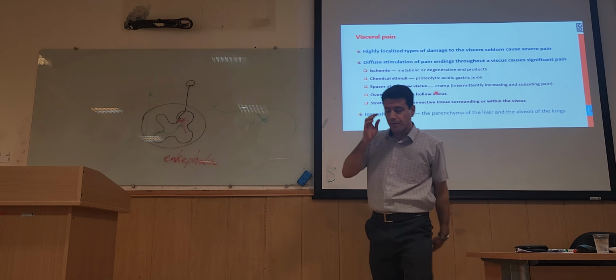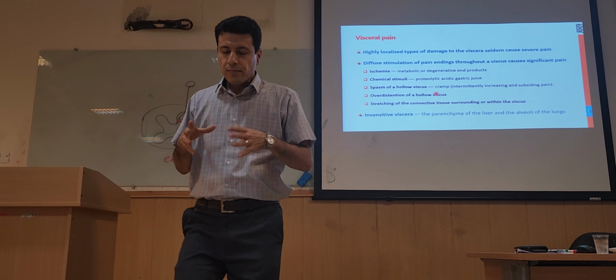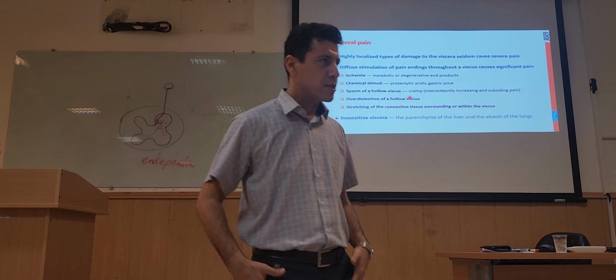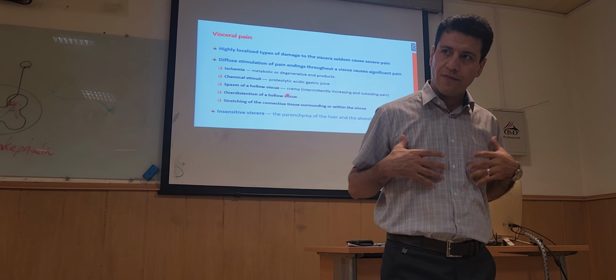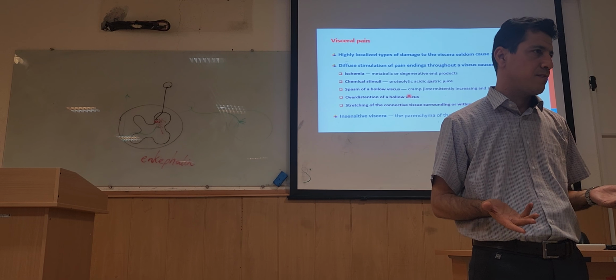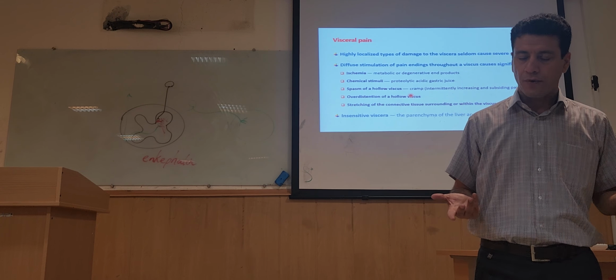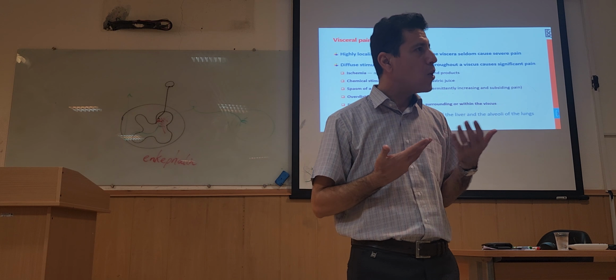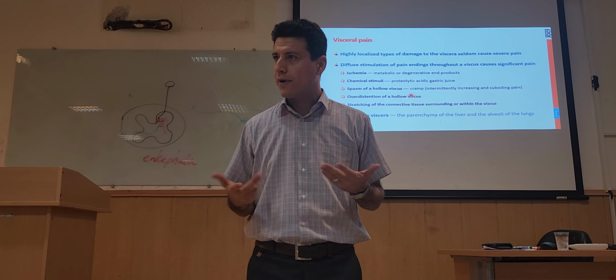So far we have talked about somatic pain. Pain started from the skin, which is the surface of the body. But we also feel pain from internal organs. Visceral pain. For example, we have intestine, stomach, heart. All of them may be painful, right?